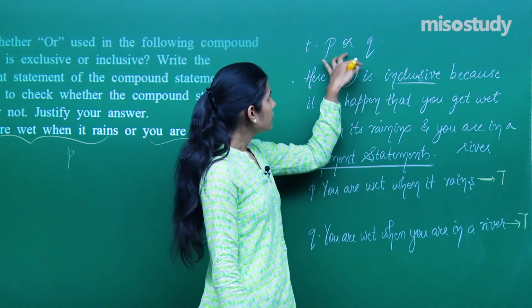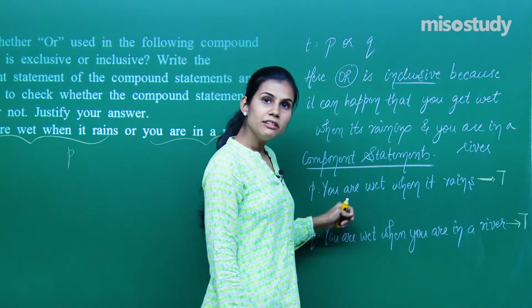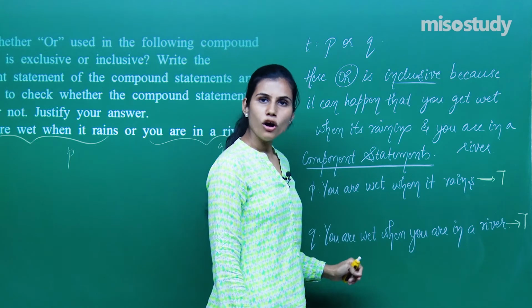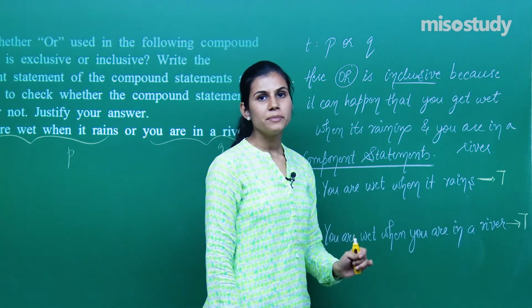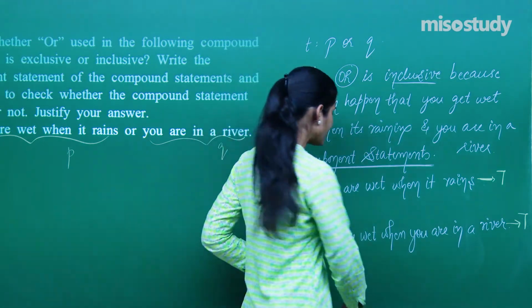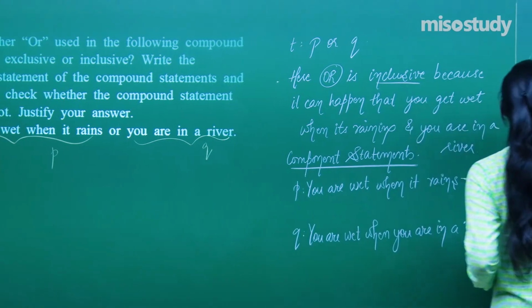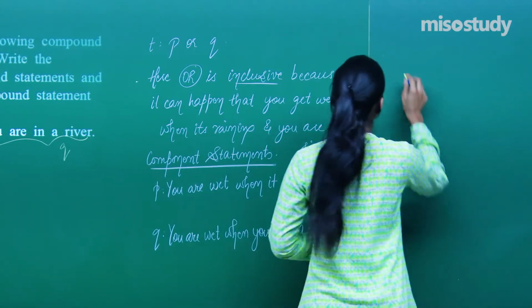P or Q. We have to check the validity of P or Q. P or Q is true when either P is true, Q is not true, or Q is true, P is not true, or both are true. P or Q statement is false only and only when both P and Q are false. Right now you can see P and Q both are true and this is the situation when I can say P or Q is true.